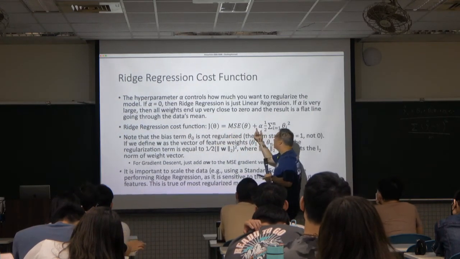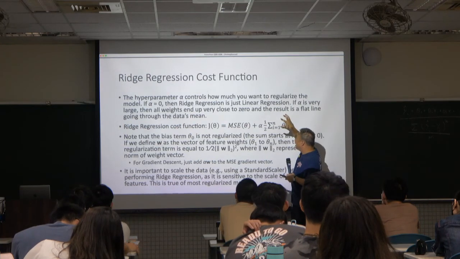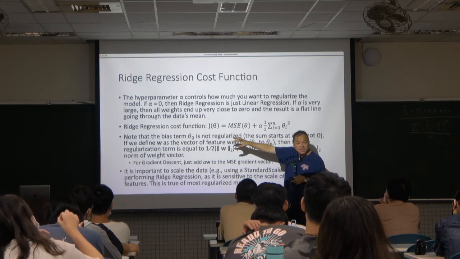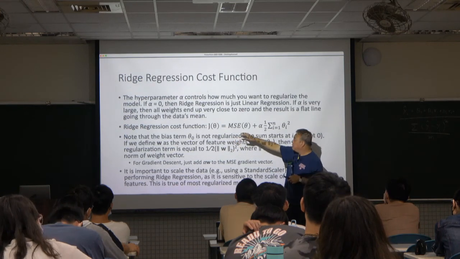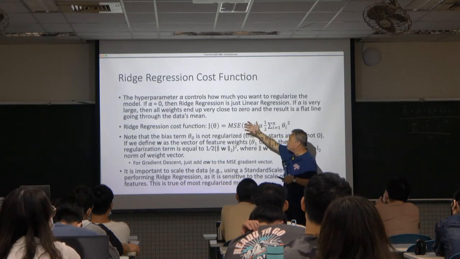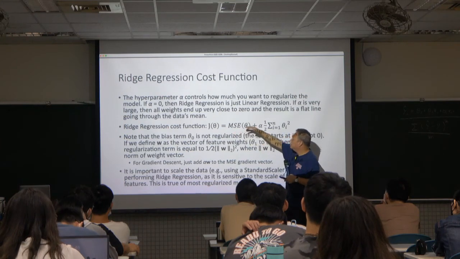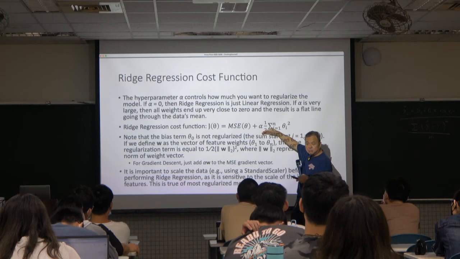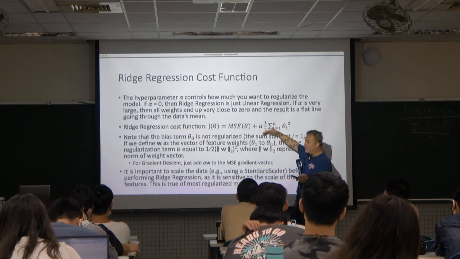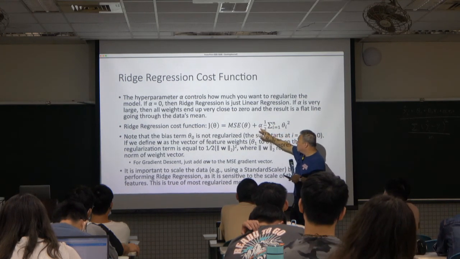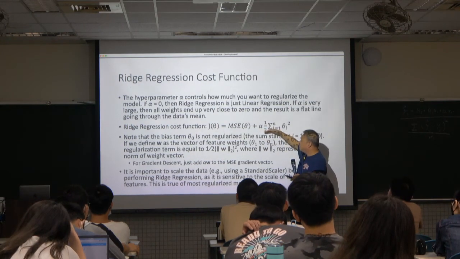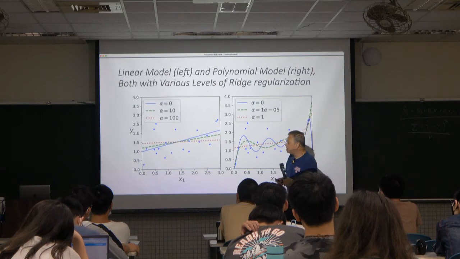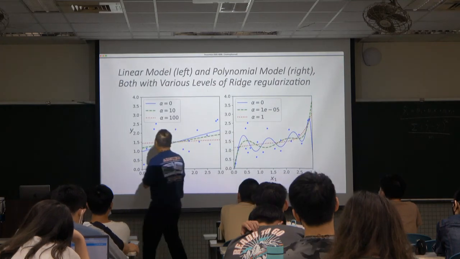The higher alpha means this term becomes more and more important in the cost function. So when you use gradient descent to reduce this cost function, more constraint will be put on this term. So the higher the alpha, the more constraint you have for the theta i. So what is the result? The result is something like this.